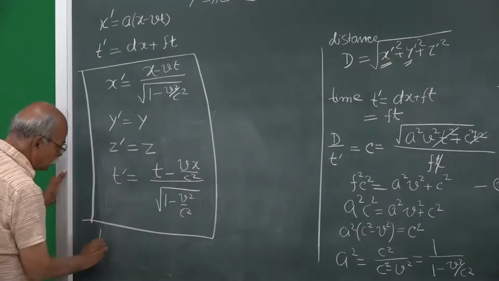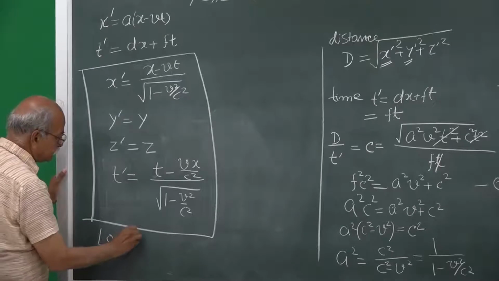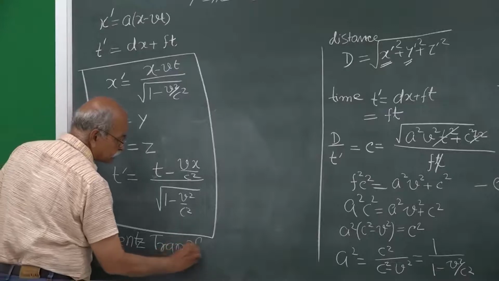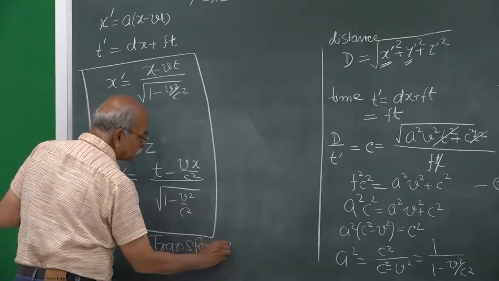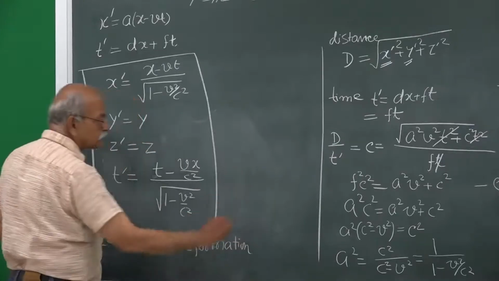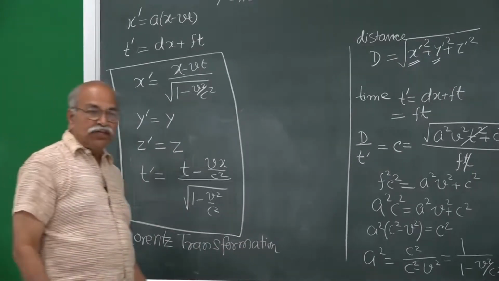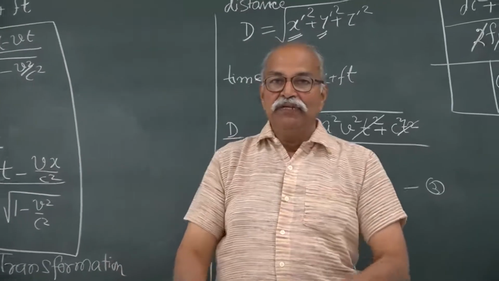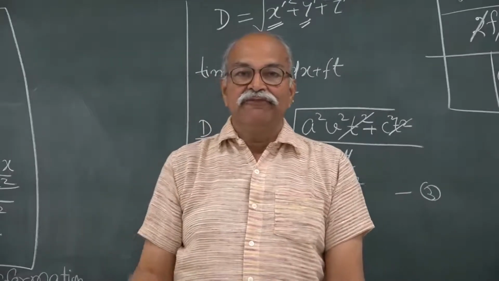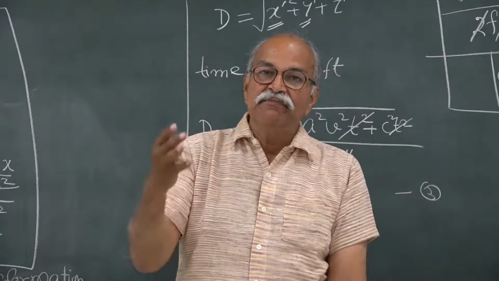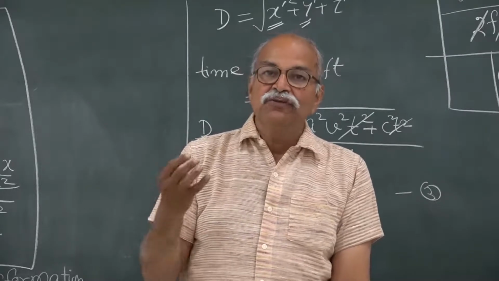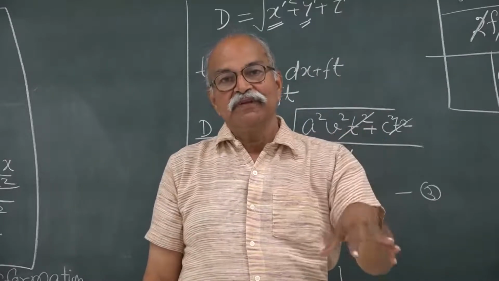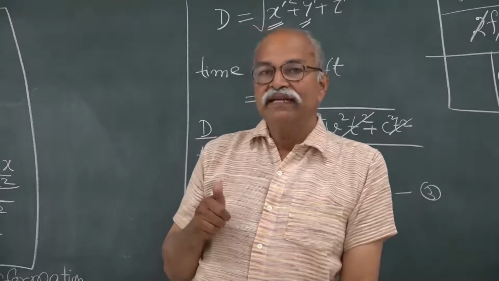These are Lorentz transformations, which will take the place of Galilean transformation. If you want the inverse transformation, if x prime, y prime, z prime, t prime are known and I want to write x, y, z, t in terms of these, I can use the principle of relativity.